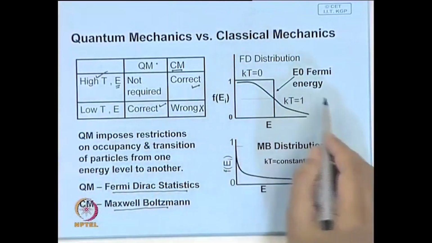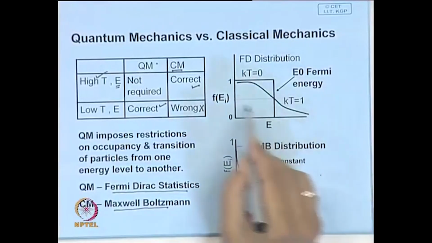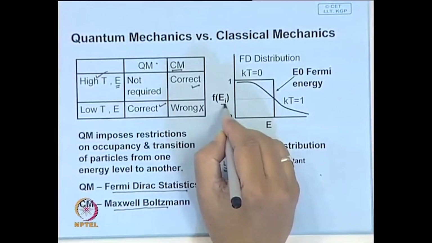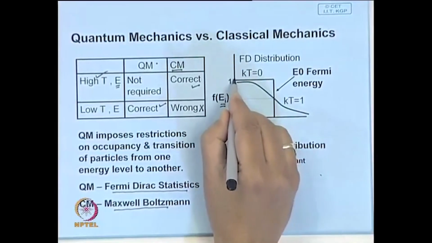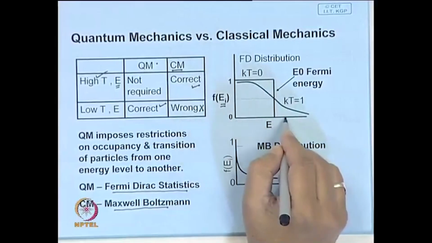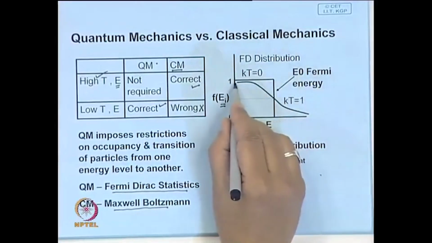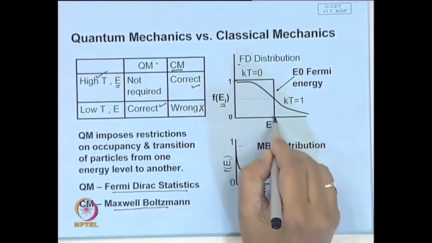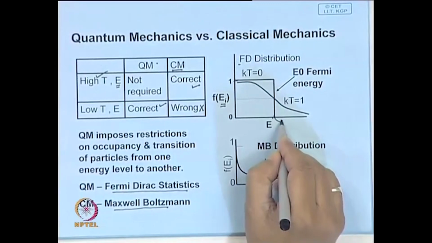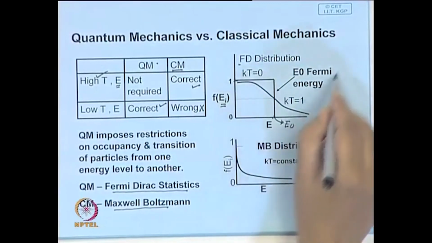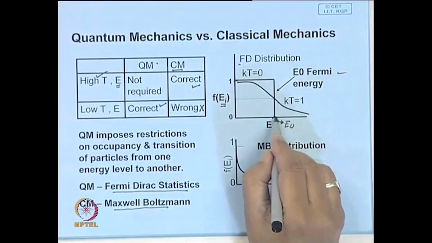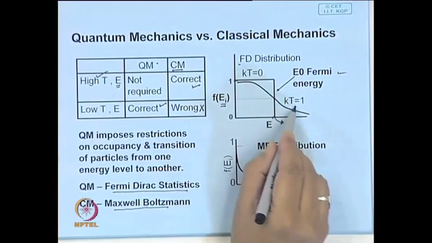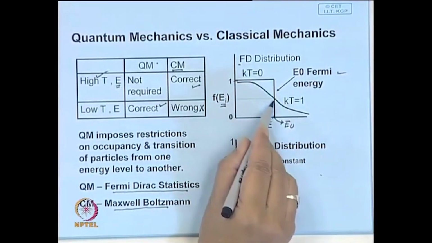And the difference between the two is shown in this diagram. This is the probability that an energy level E i is occupied. 1 means it is fully occupied, 0 means it is vacant, and at absolute 0 the Fermi-Dirac distribution will look like this. So, beyond an energy level, say E naught, which is called Fermi energy, there is no electron in the band, whereas at higher temperature the distribution will be something like this.